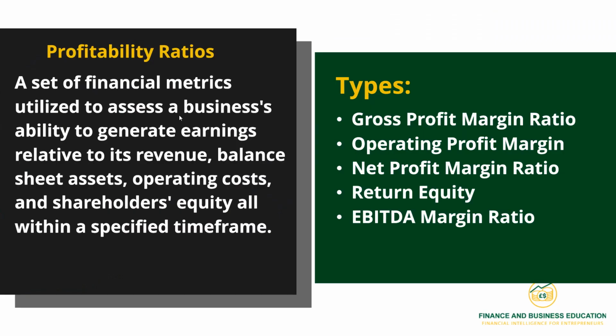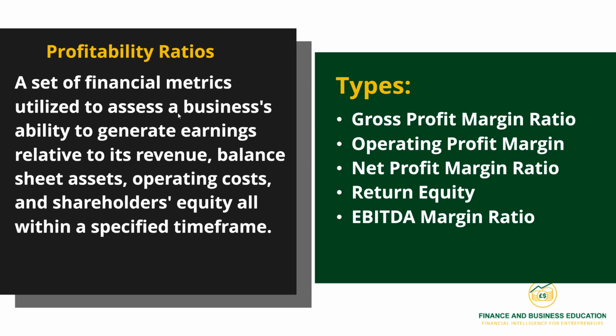So, profitability ratios really measure how profitable the business is, and it's basically the ability to generate profit relative to revenue. With most of these ratios, what you're doing is dividing profit, or even expense, by revenue.